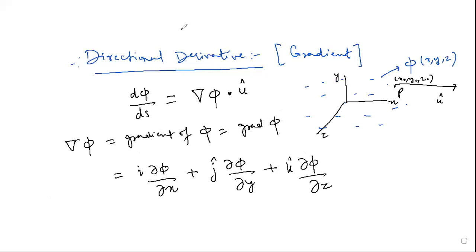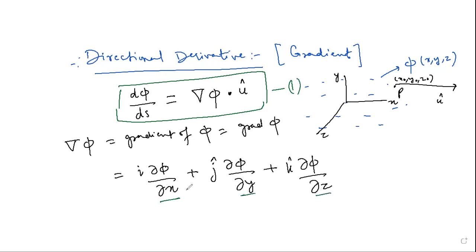Here I name this equation, defining my directional derivative, as first. So grad phi, gradient of phi, is a vector. It has components.